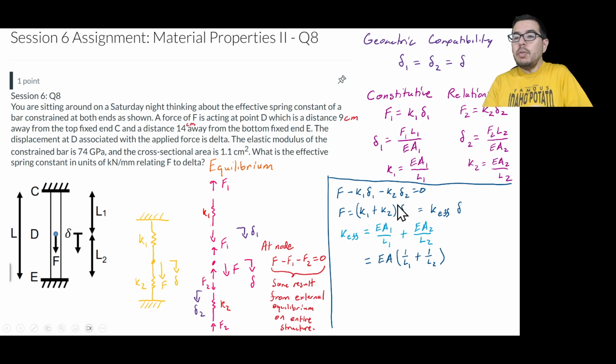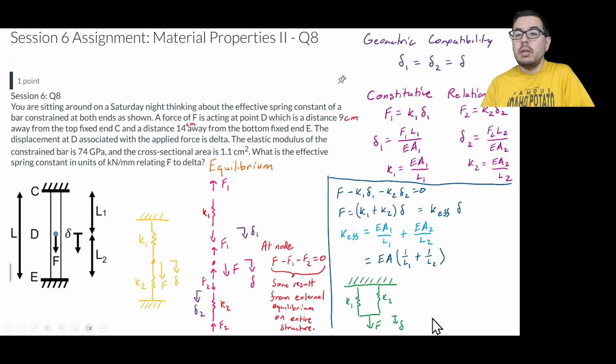Now, if we just go back to this equation right here, and we remember that springs in parallel have their spring coefficients, spring rates, or spring constants add to each other, we can write out what looks like two springs in parallel. And this is counterintuitive, and we talked about this at the beginning of session 4, in fact.